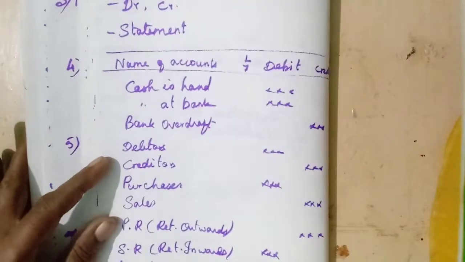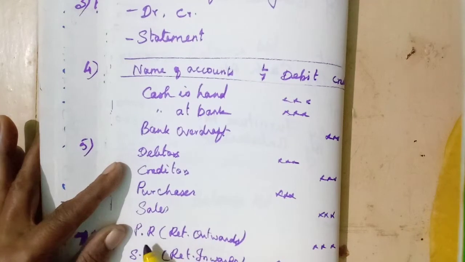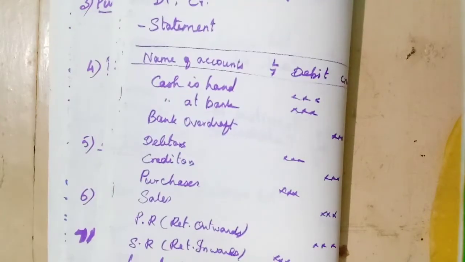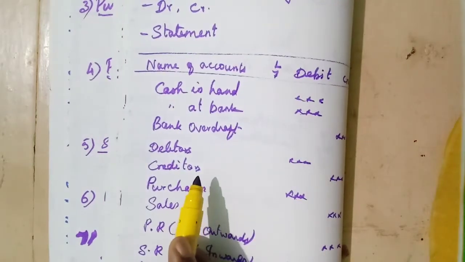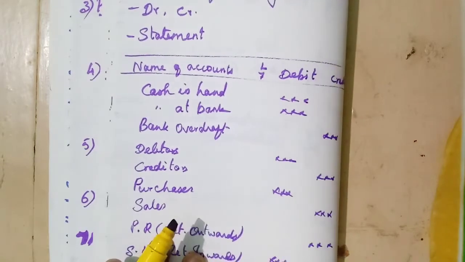Then all expenses will be debited, all income must be credited. Then purchases debit, sales credit, purchase returns credit, sales returns debit. In that way you can remember. Now we have learned what accounts we need to debit and what accounts we need to credit.